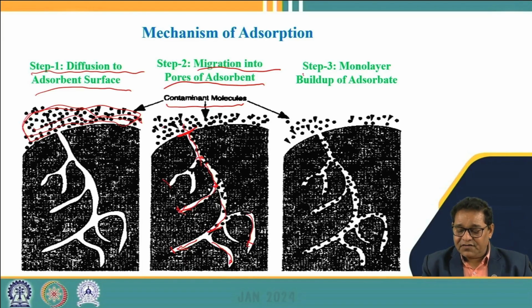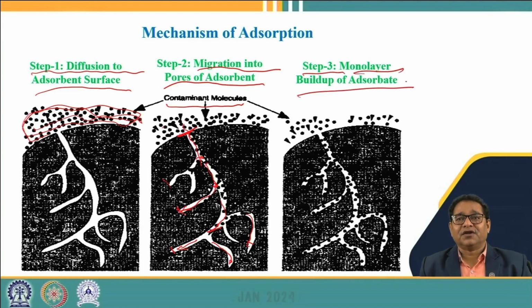In step 3, there is a buildup of concentration of the adsorbate onto the surface. This can be monolayer adsorption or multilayer adsorption, depending upon the nature of the adsorbate and the nature of the adsorbent surface.